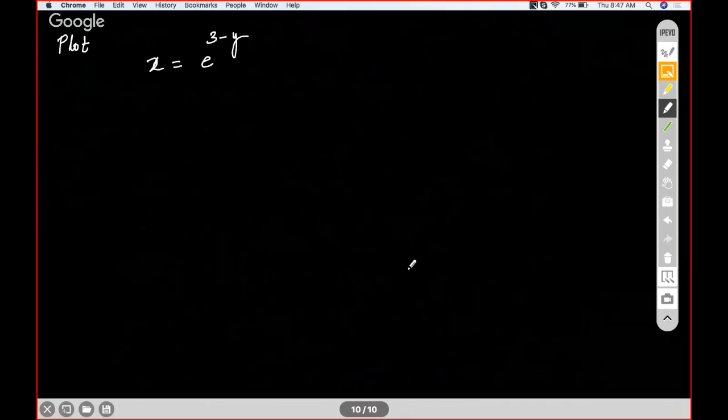So if you have y equals e to the power x, that's going to be the basic structure. Then I would plot it. So when x is 0, y is e cubed. What is the value of e?